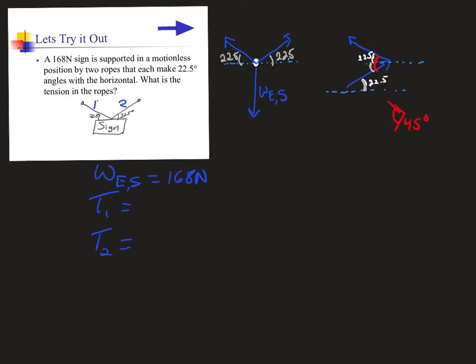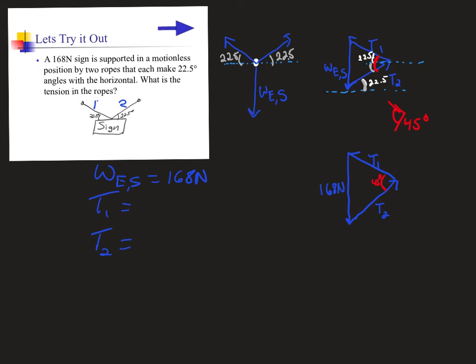So when we start labeling some of these, we can say that T2, T1, and the weight of the Earth on the sign, which we know, give us that angle of 45 degrees.